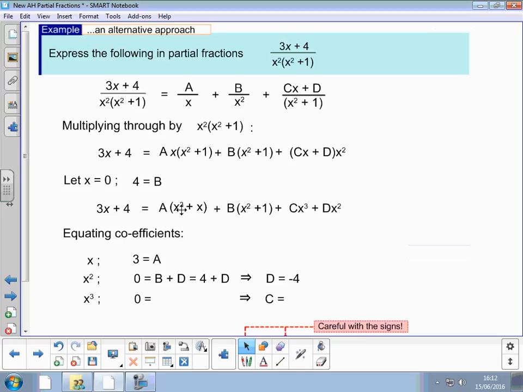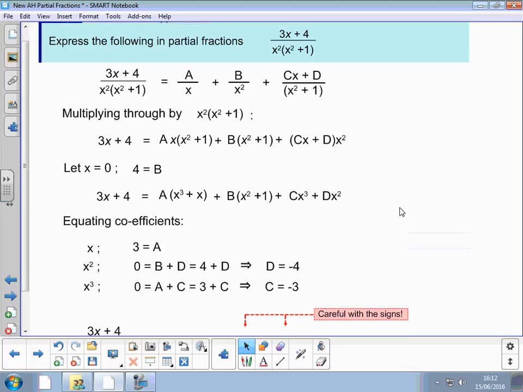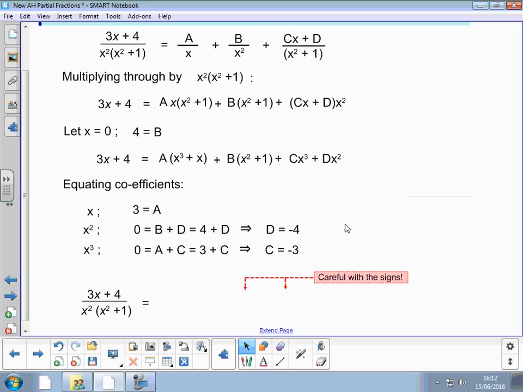On the right-hand side, we've got an x cubed term here, no x cubed term here, and we've got a cx cubed term, which gives us a plus c as the coefficients of x cubed. We've already figured out that a is equal to 3, which leads us to a value of minus 3 for c.